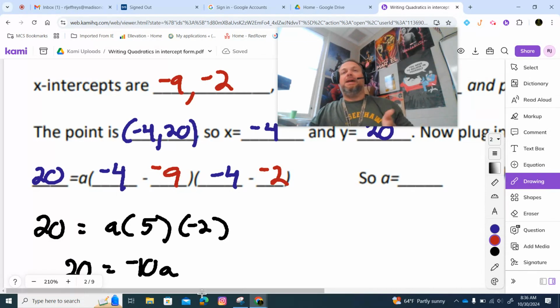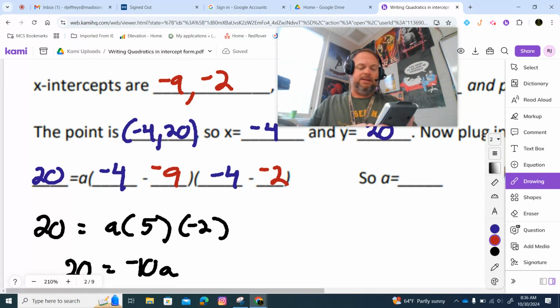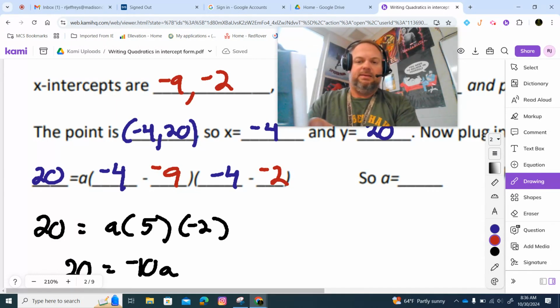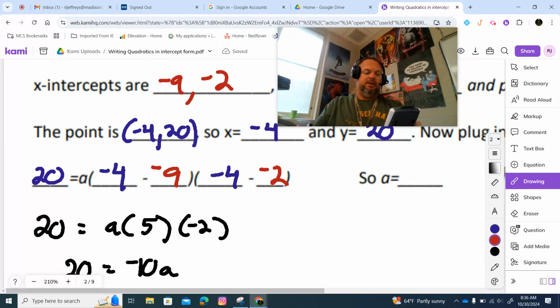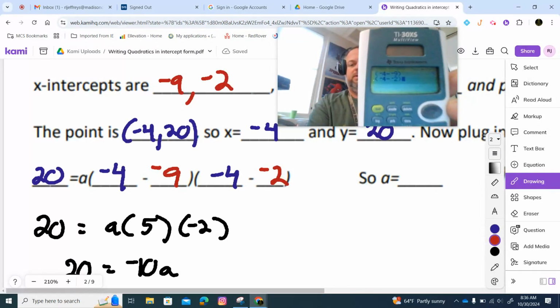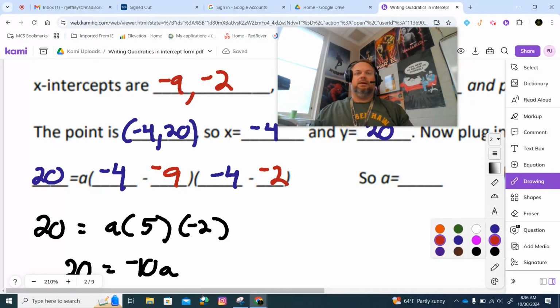But I plugged in a negative, right? Correct. So what's minus a negative? So if I said -4 minus -9, that's how we would get 5 right there. And then I would get -4 minus -2. That's how I'd get -2 right there. Okay.